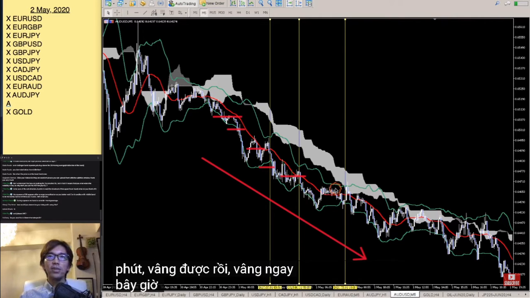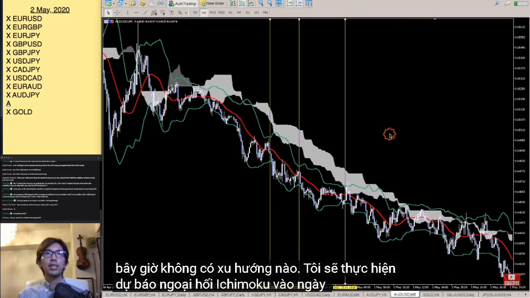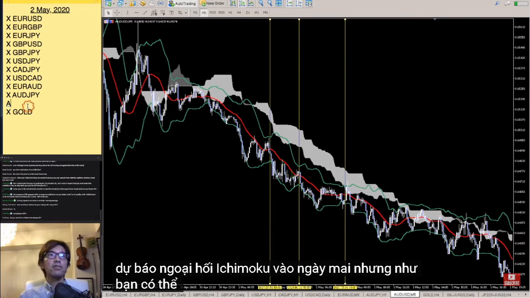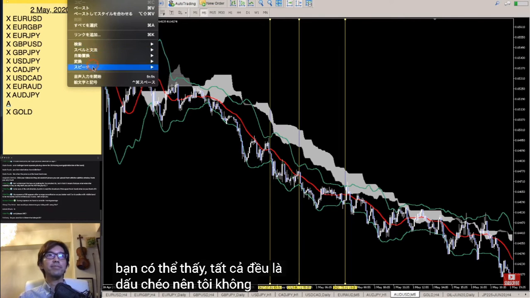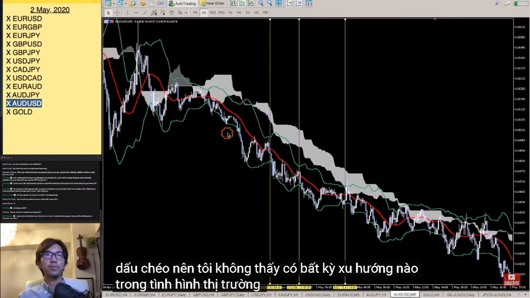So yeah, right now there is no trend. I will do the Ichimoku Forex forecast tomorrow, but as you can see, all these are cross marks. So I don't see any trends in this market situation.